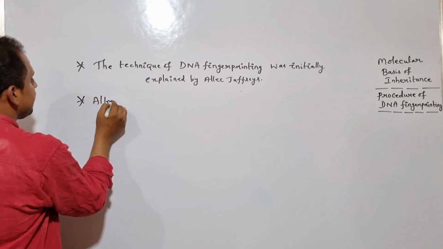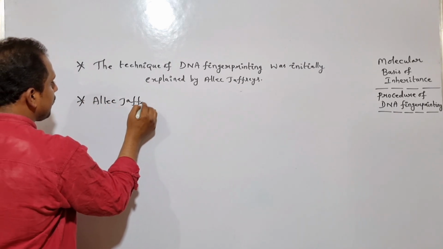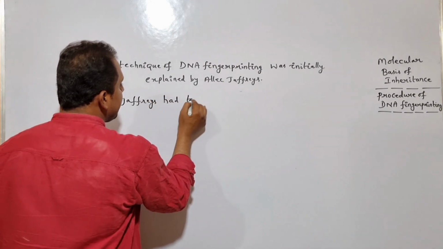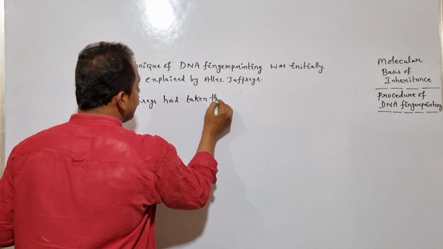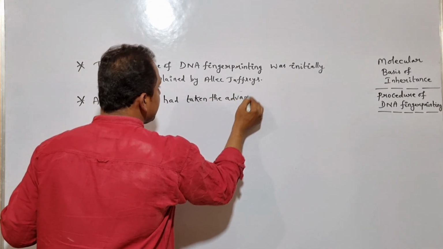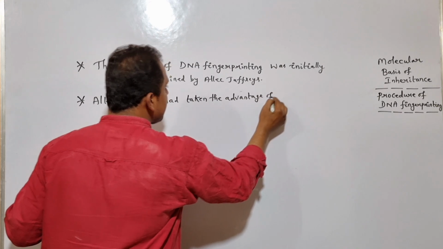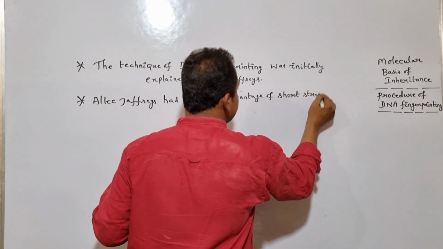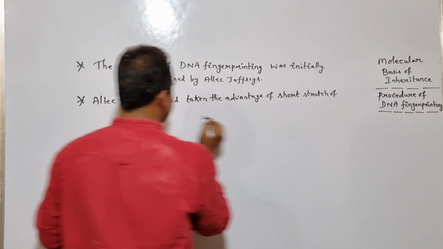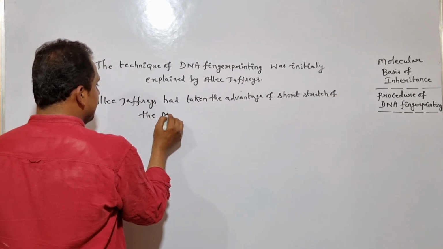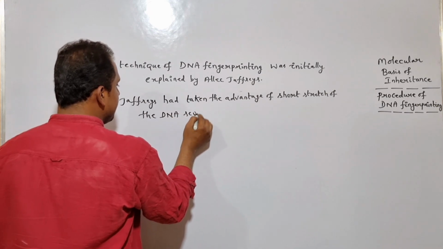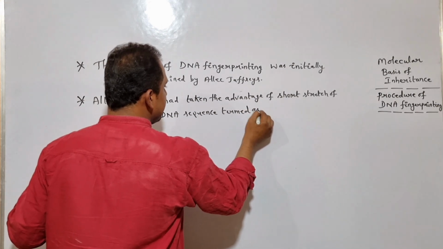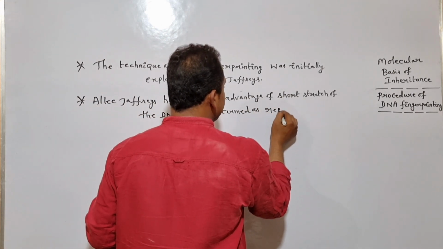Alec Jeffreys had taken advantage of a short stretch of the DNA sequence, termed as repetitive sequence.